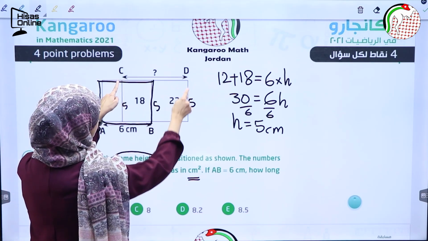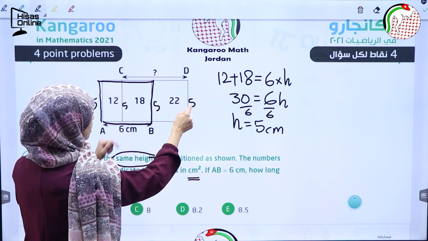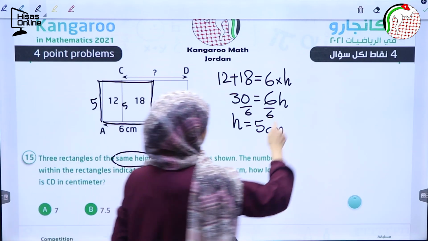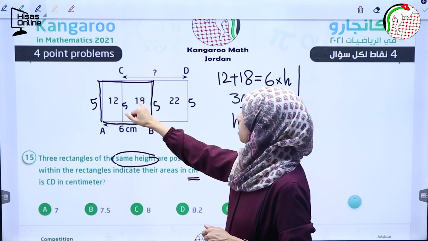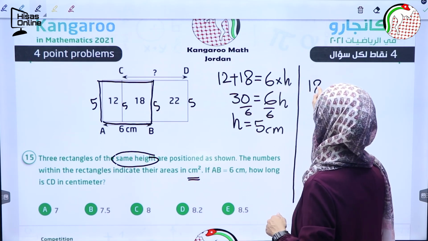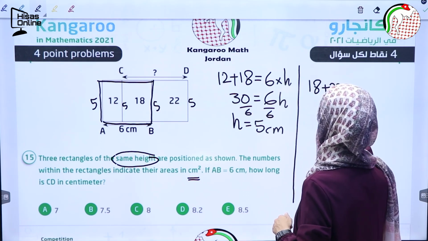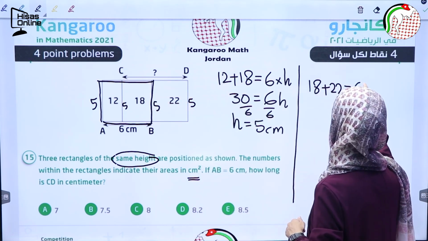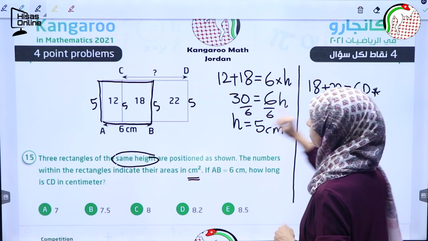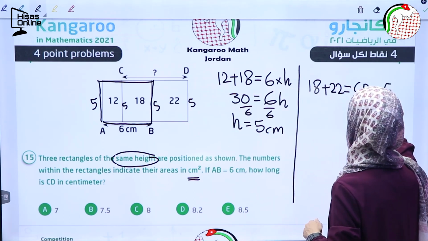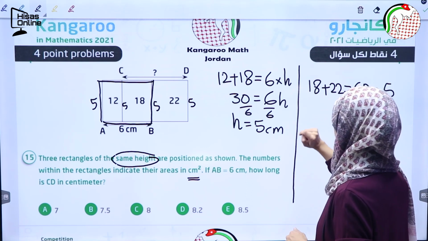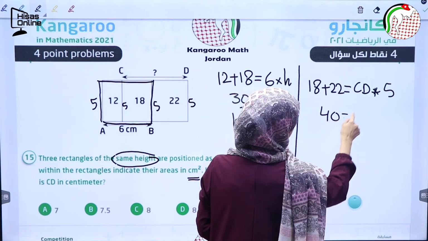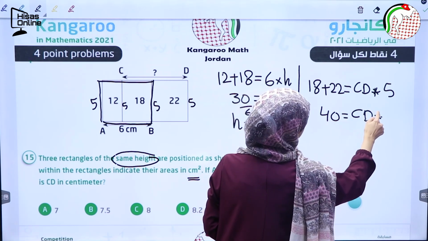Now I need this dimension. I have the area again, I have the height, and the length CD is missing. So using the same criteria, we will add 18 plus 22 equals the length CD times the height, which is 5. 18 plus 22 equals 40. 40 equals the length CD times 5.